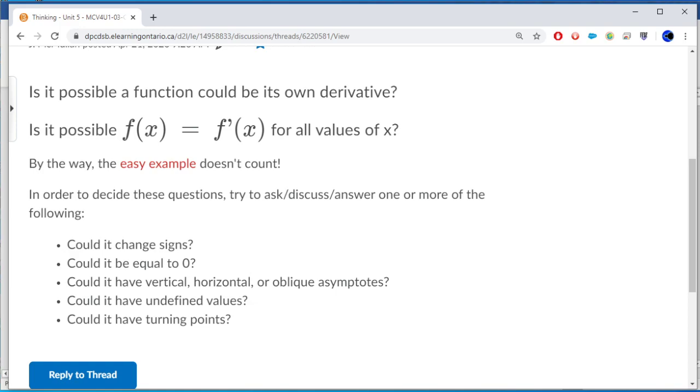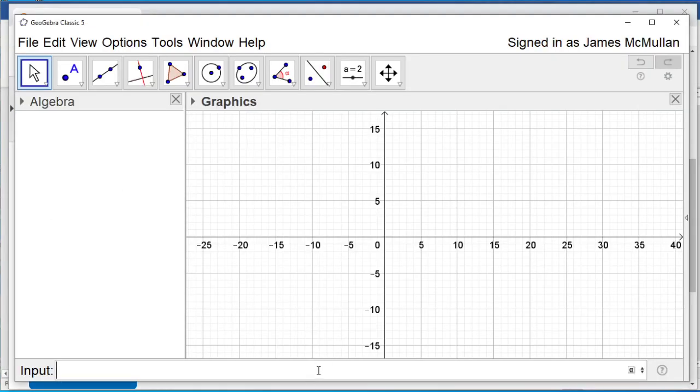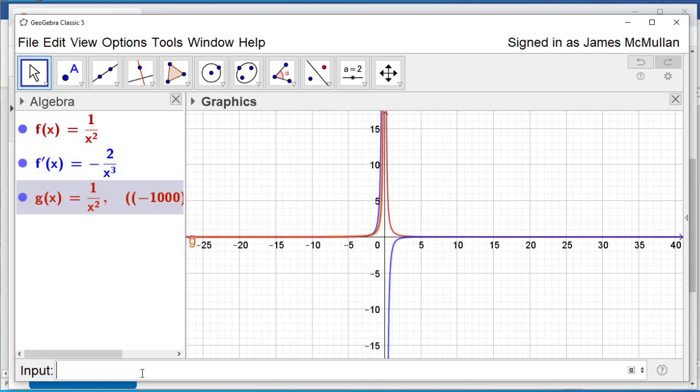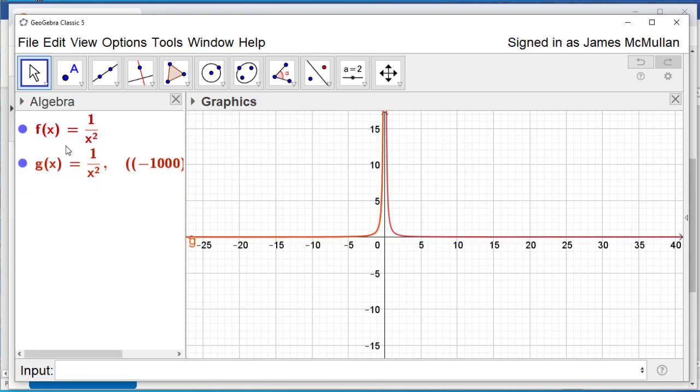Just to give a quick example of one that looks kind of close, take the function 1 over x squared, and let's look at its derivative. Obviously the right side is no good because the red function is very high and positive, but its slope is very high and negative. So let's say we were doing function f from negative 1,000 to 0 only, and then we took this derivative.